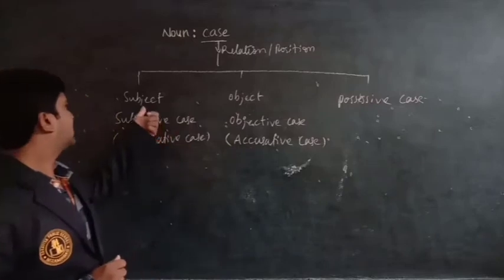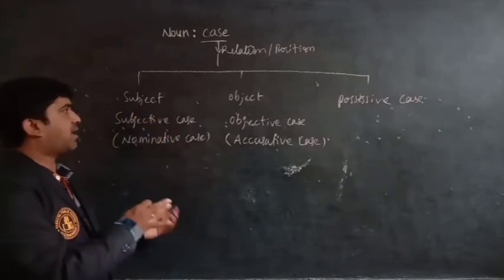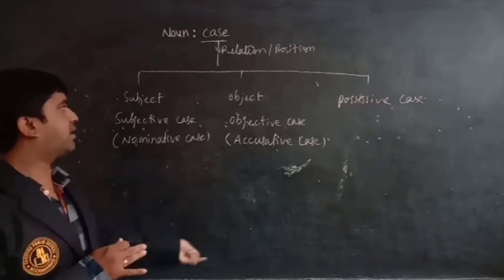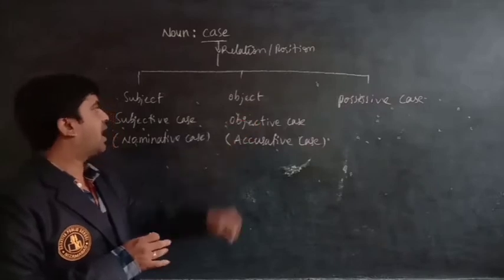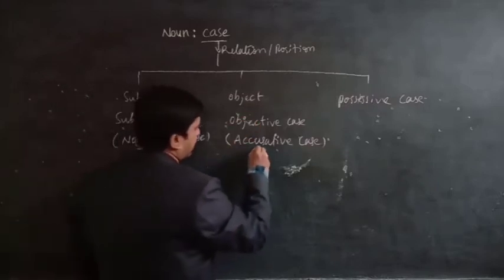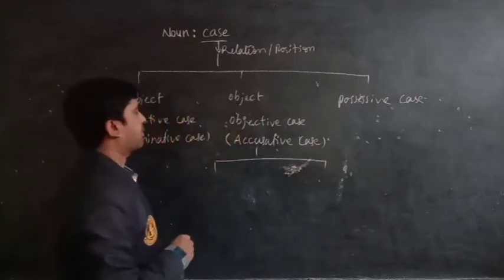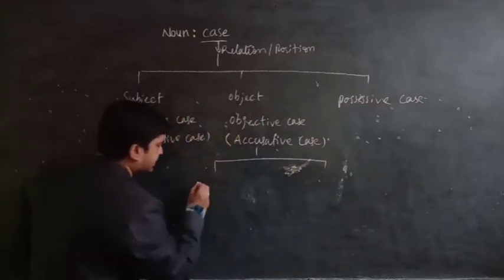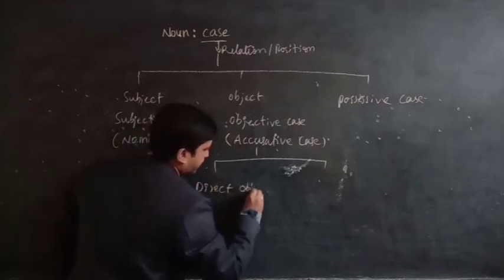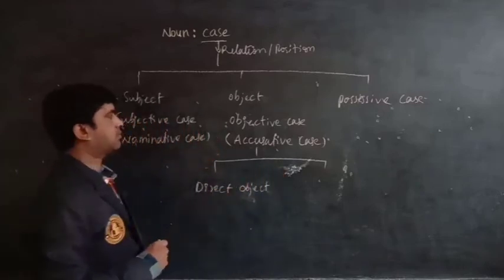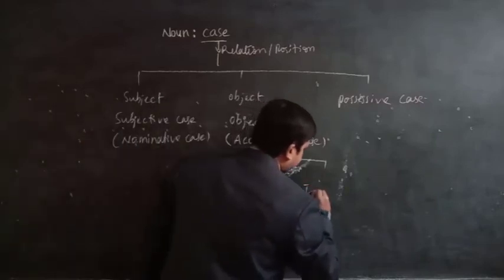The subject comes at the beginning of the sentence and the object comes after the verb. These objects are again of two types: direct object and indirect object.